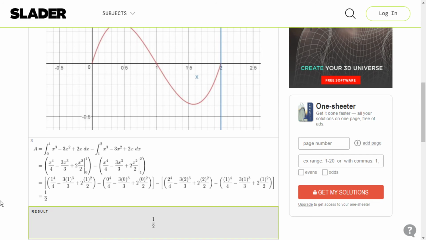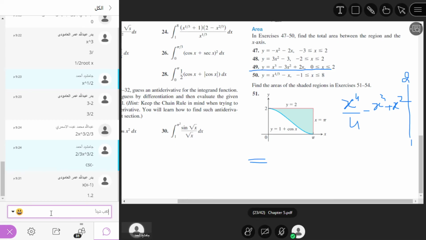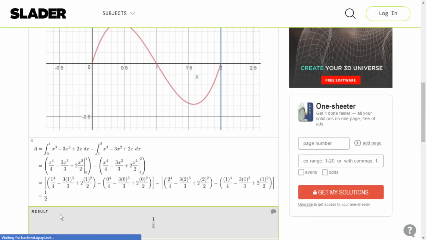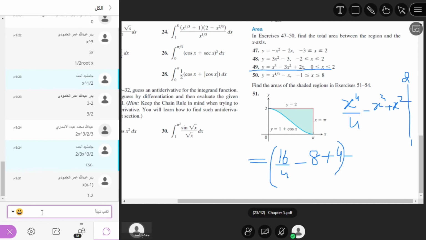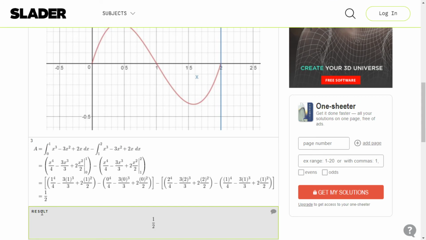So 2 to the power 4 is 16 divided by 4, which is 4, minus 2 to the power 3, which is 8, plus 4, minus the whole of 1 by 4 minus 1 plus 1.